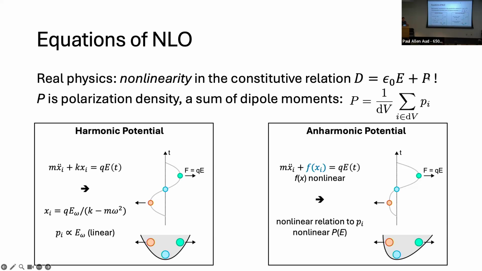And if all of your charge carriers were in harmonic potentials, then the polarization is, classically, a sum of a bunch of the dipole moments of all your elements. And if everything was in harmonic potentials, then you would see that it also depends linearly on the electric field. But because the actual potentials in atoms are anharmonic, you're going to get a nonlinear relation between these E fields and the polarization.